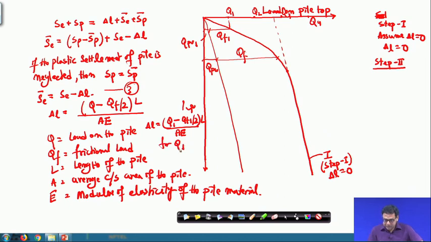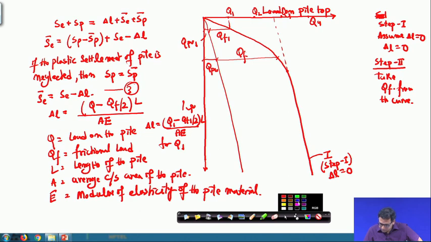Okay. In step 2, take QF from the curve. So, corresponding to Q1, this will be the QF. So, you put this Q1 minus QF, which you will take from this curve, and you will get a new delta 1. Now, you put this delta 1 here. Okay. Then you will get a new AC value. Now, you plot this curve again. So, when you plot this curve again, I am using a new color.